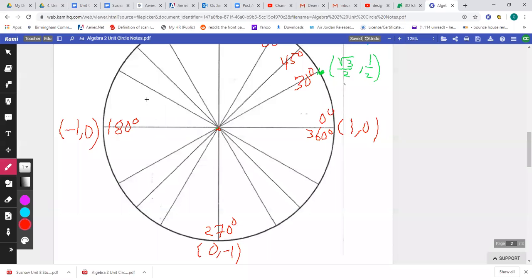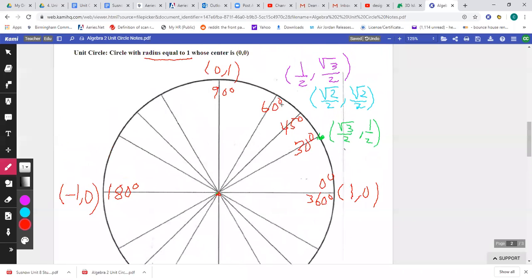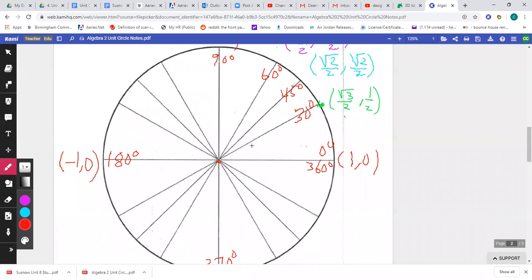Now there's a bunch of these other lines here. And trust me, once you get this top right, all the other ones are going to be the same exact thing. Let me show you why. As you can see, the lines are in the same place in every single section of the circle.